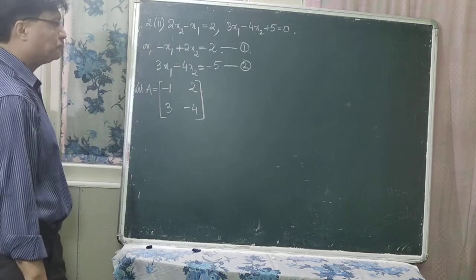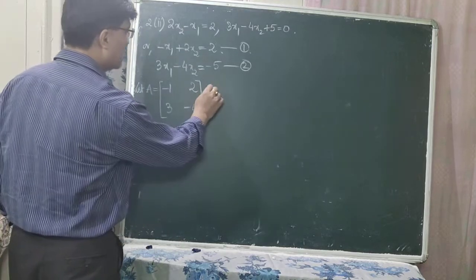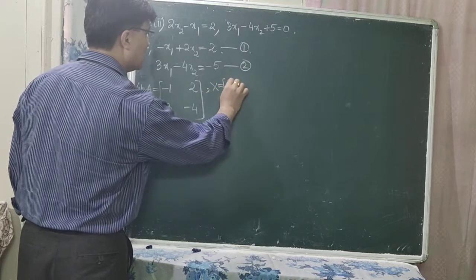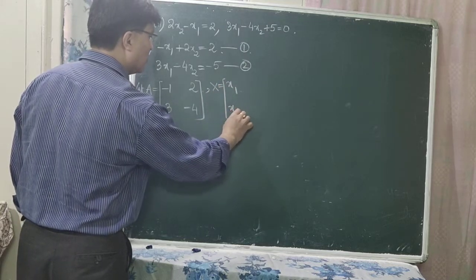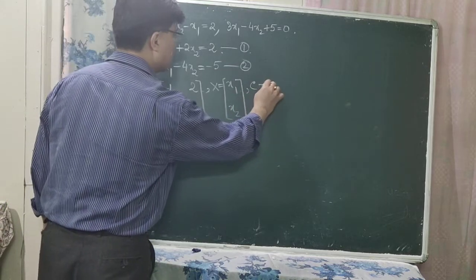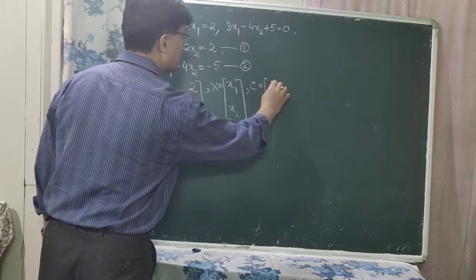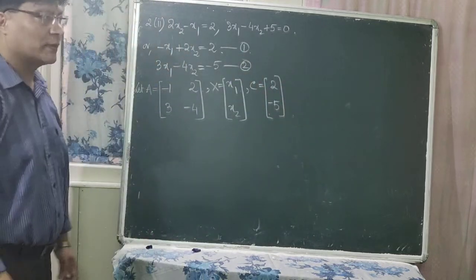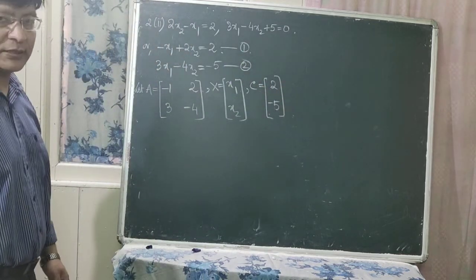Is that clear? So, next one is, what is capital X out here? Unknown matrix or unknown variable is x1, x2. And let capital C be the constant matrix 2 and minus 5.